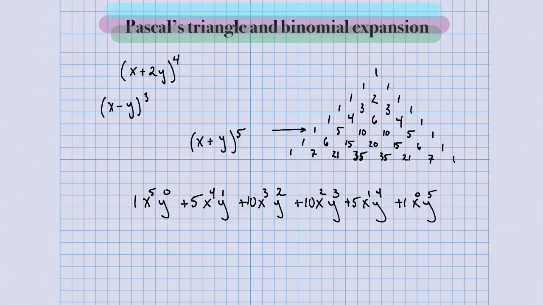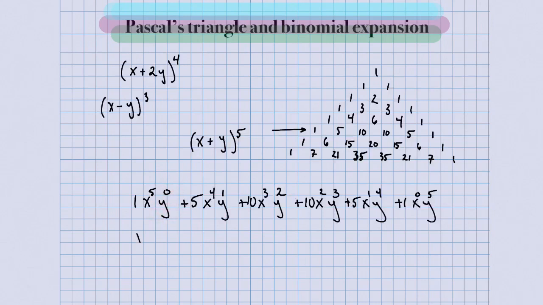That's what we get. I want you to keep in mind that anything raised to the 0 power equals 1. So anywhere there's something to the 0 power, we can make it disappear because it's just being multiplied by 1.